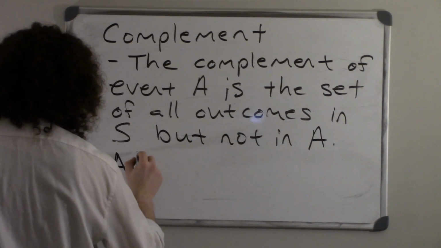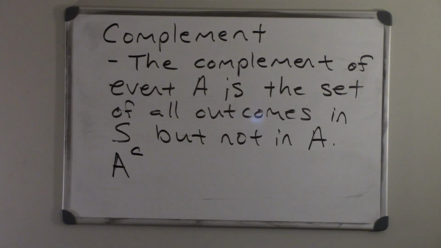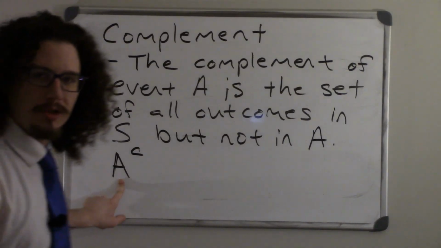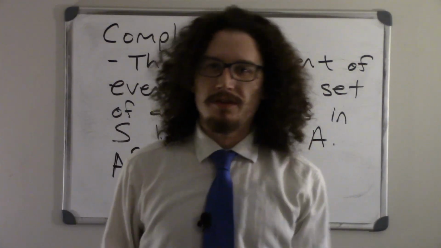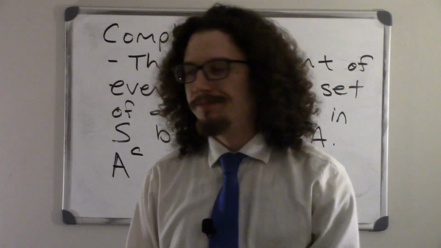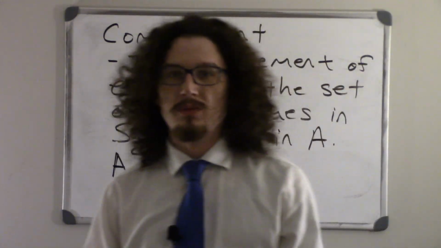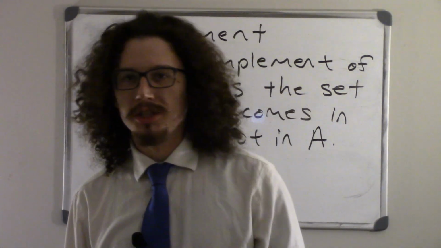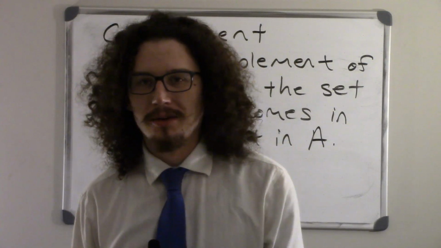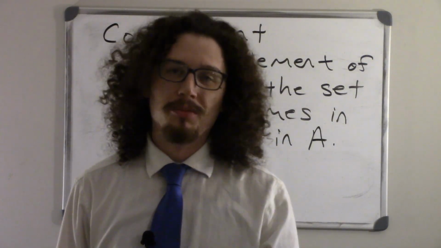All right, so for notation, we can write that out as A with a superscript C. I'll be honest with you, in day-to-day use, I don't see this notation that often. Most of the time, if you want everything but red cards, there's an easy opposite.